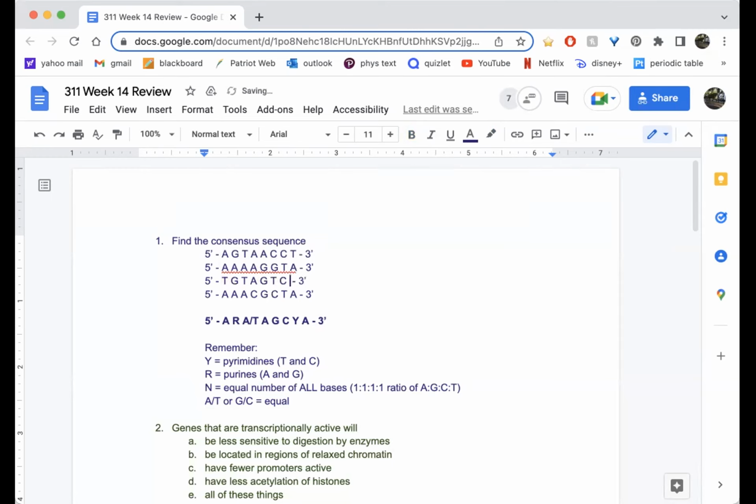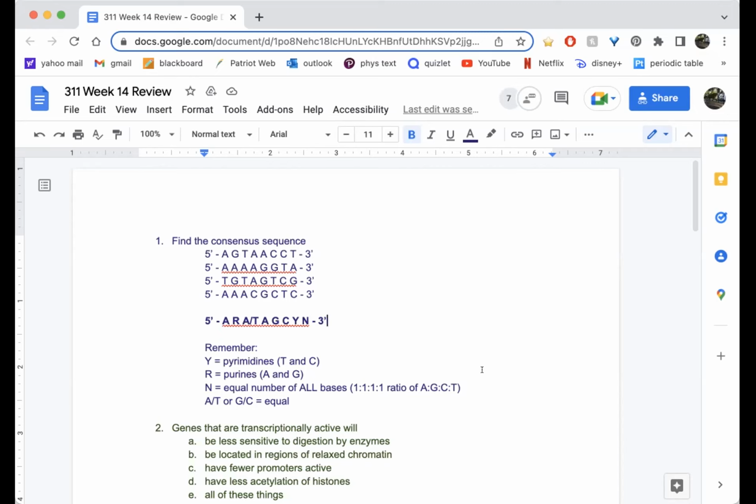So this is a better example. Because you have one of each of them, they're all showing up in equal ratios. So you would actually have N instead of A like we had before, because before we had three A's, one T, but now we have one of each.